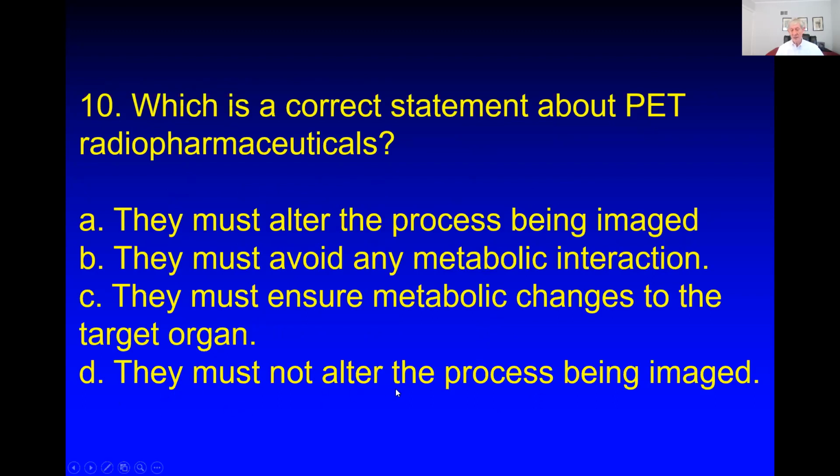D like David. They must not alter the process. You don't want them to alter the process. You don't want them to have metabolic changes, and you don't want them to alter the process. So this one, D, is correct.